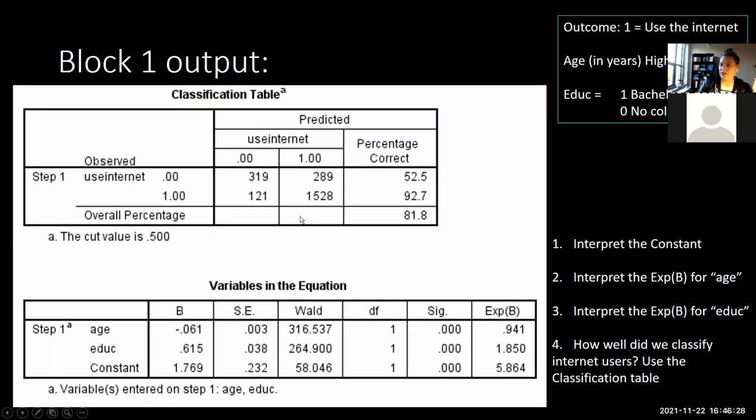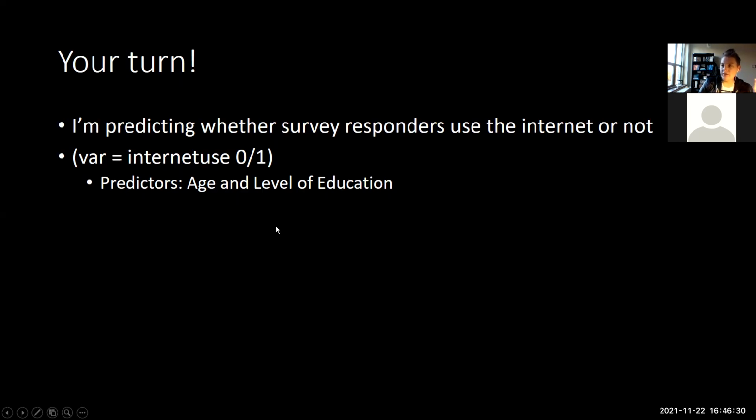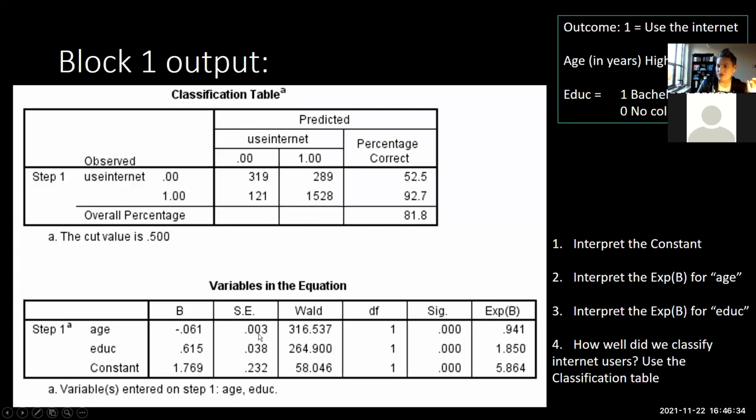For education, 1 is a bachelor's degree and 0 is no college degree. I have age in years where higher equals older. And my outcome, 1 is yes, we use the internet, and 0 is no, I don't use the internet.